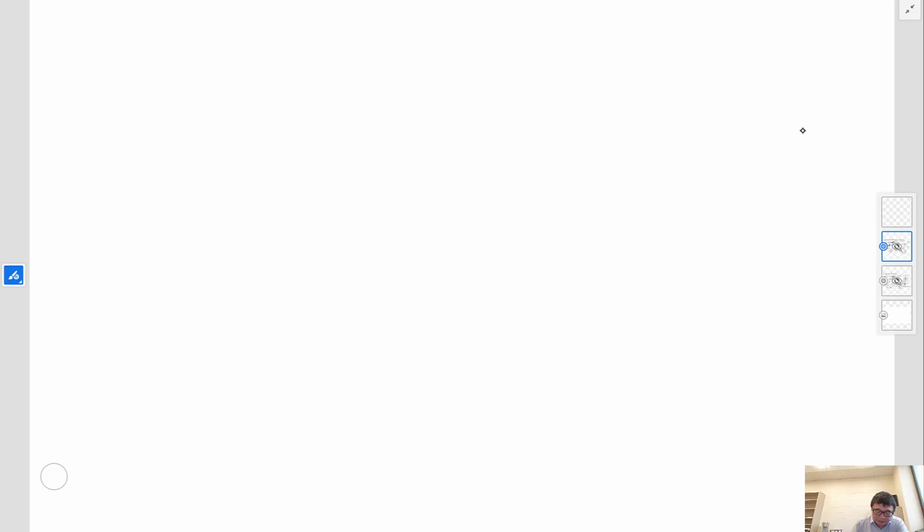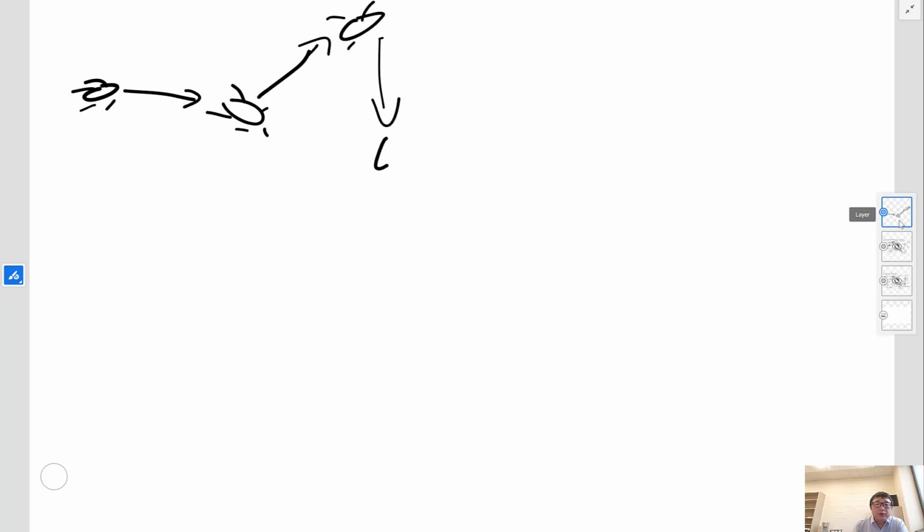Say this is a bacteria swimming forward that way, and that way, and that way. You see, it basically didn't change places.